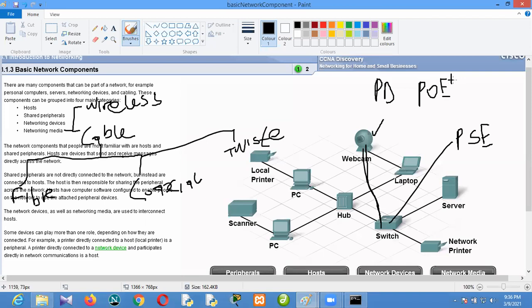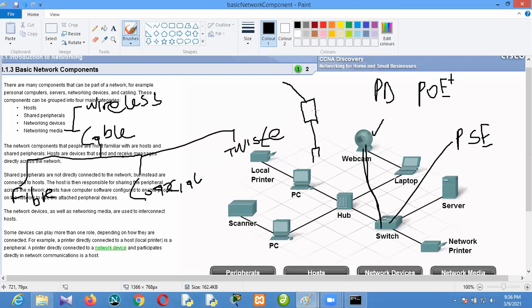The only difference is that in PoE plus, there is always something like an adapter. You see your laptop charger. Your laptop charger has a cable that you can plug to power, right? Then one end goes to your system.